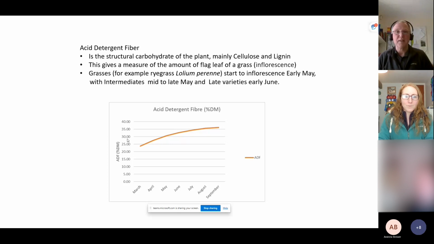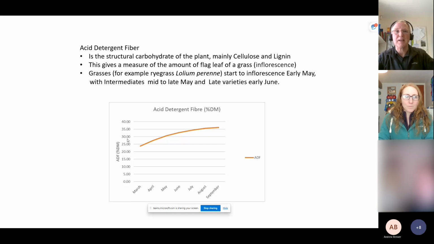You can cut your sward after the primary heading and have it nicely cut with the first cut. But guess what? There's a secondary heading coming around the corner, and that's why second cuts in your silage sward tend to be a wee bit less digestible, because you've got a lot more ADF in it.